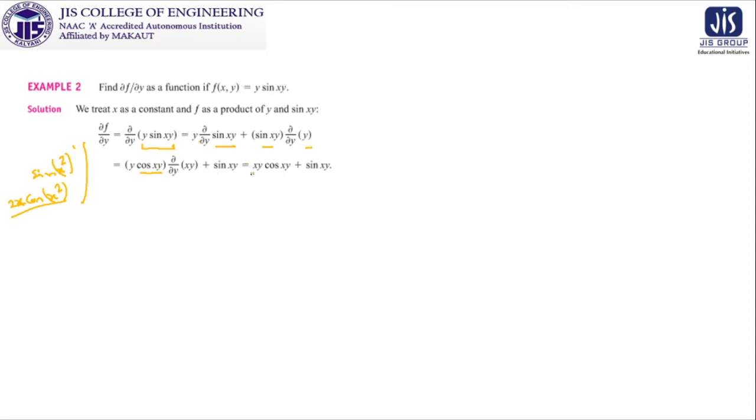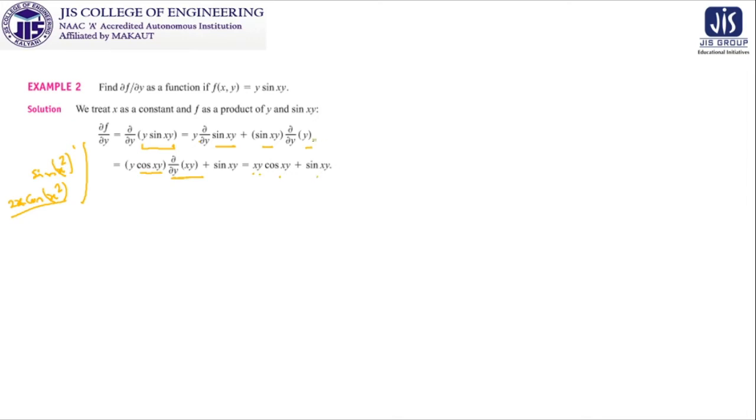So y cos xy, del y of xy: x will be treated as a constant because you are doing partial differentiation with respect to y, and x will be taken outside, del y of y will be 1. So from this part you are getting only x. This x is coming outside. So x into y into cos xy plus sin xy.